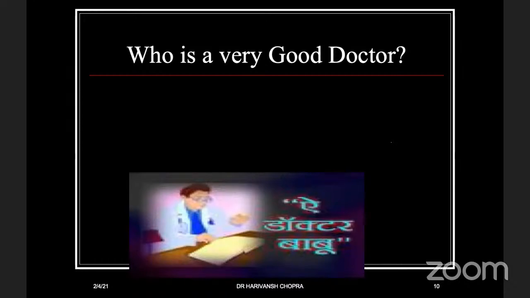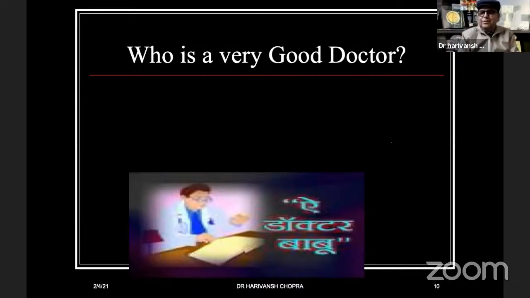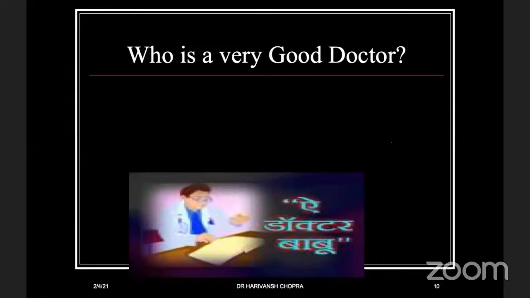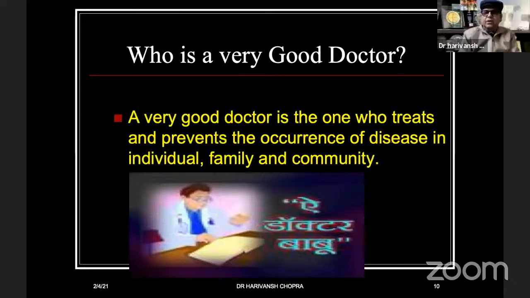Okay. So, wonderful listening to your thoughts. As far as I am concerned, what I could understand, a very good doctor is the one who treats and prevents the occurrence of the disease in the individual, family, as well as in the community. Right? COVID is the perfect example.